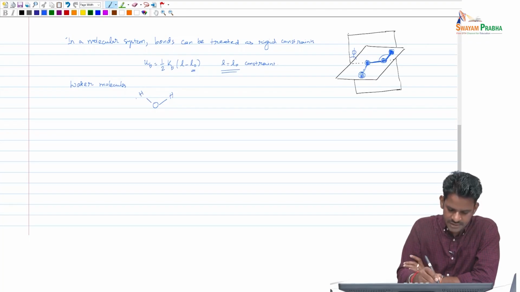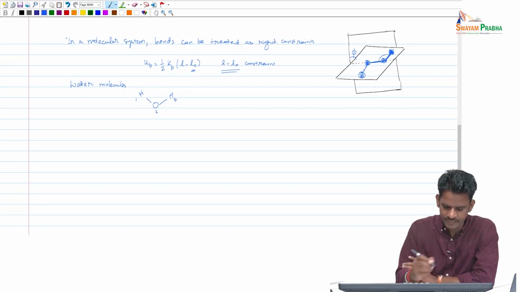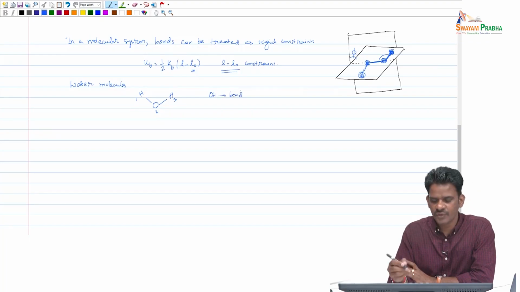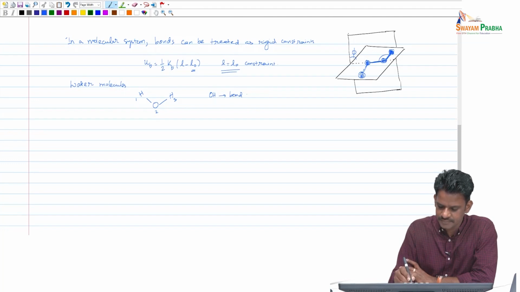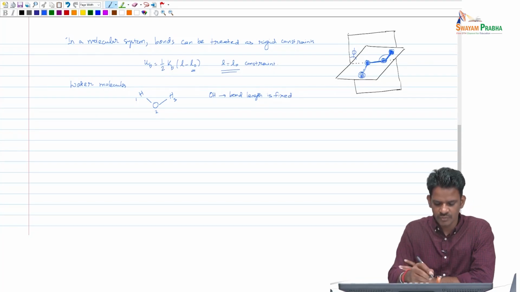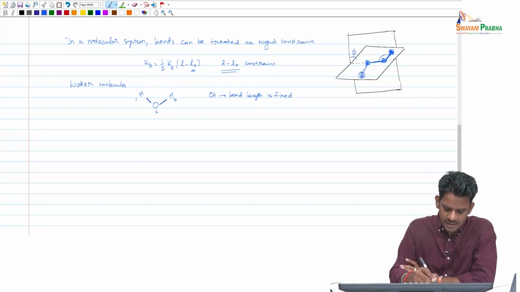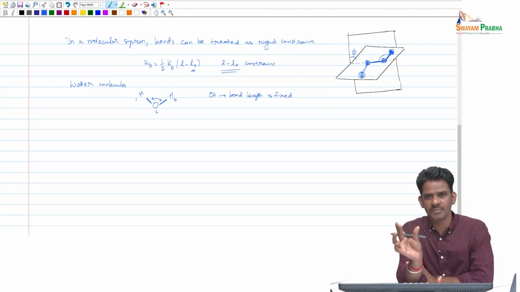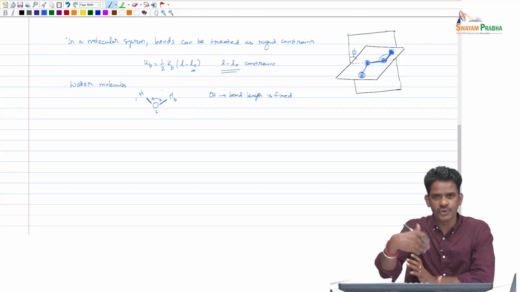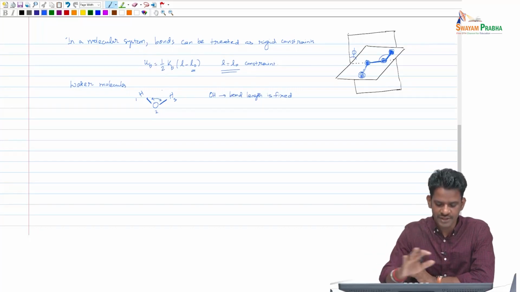We will call this atom 1, this atom 2, and this atom 3. In this case we will keep the OH bond length as a rigid constraint. So, the bond length is fixed. Once the bond length is fixed, this molecule can still undergo fluctuation in the bond angle. It can also rotate, and it can also translate.